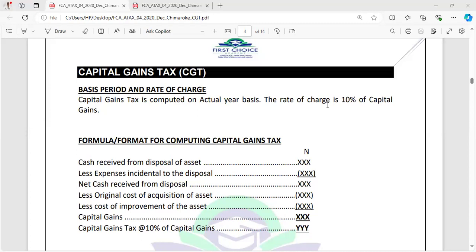You don't say you make profits when you are dealing with capital. It's only when you are dealing with your trading stock that you can use the word profits, and then you can also use the word sales.